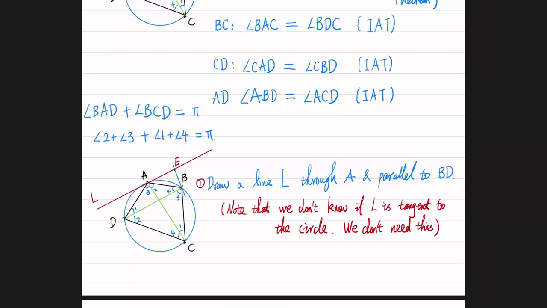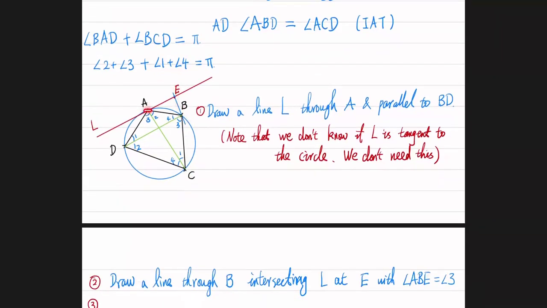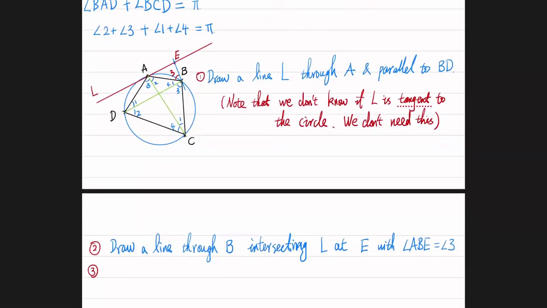Okay, so we draw a line through B such that angle ABE equals angle 3. This is our construction. I will label this 3. Third line, it's similar.